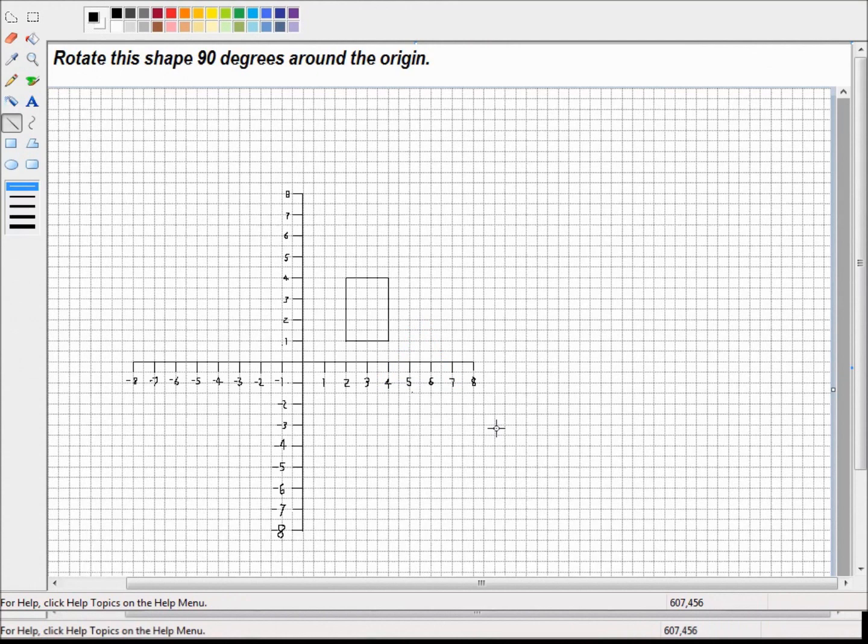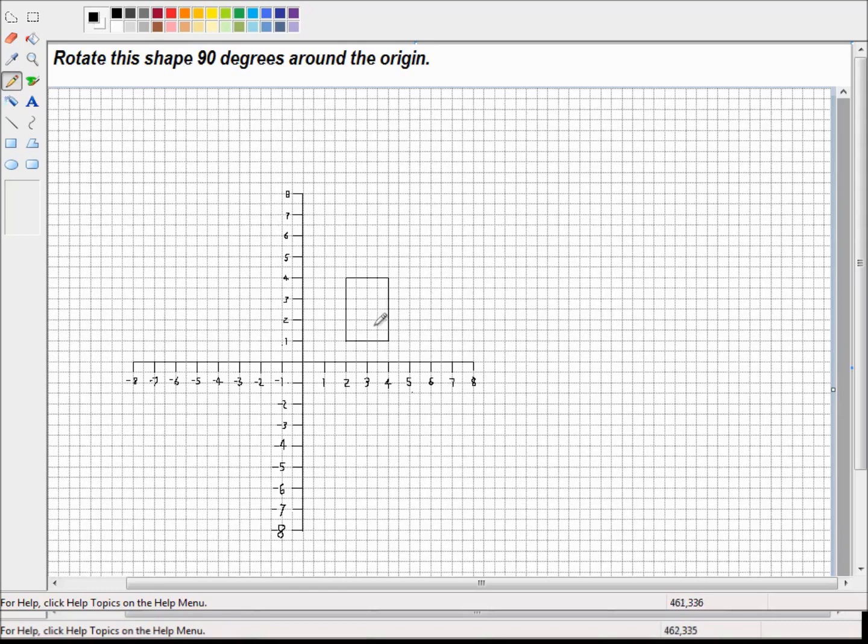Okay, so much for the theory. Let's have a go at putting this into practice. We're told to rotate this shape 90 degrees around the origin. Our origin is this point here, which is 0, 0, and 90 degrees is perpendicular.